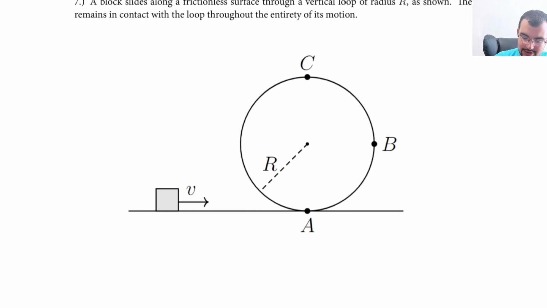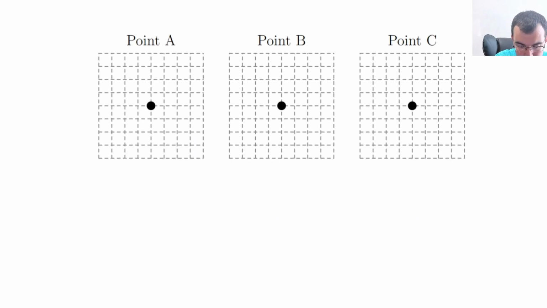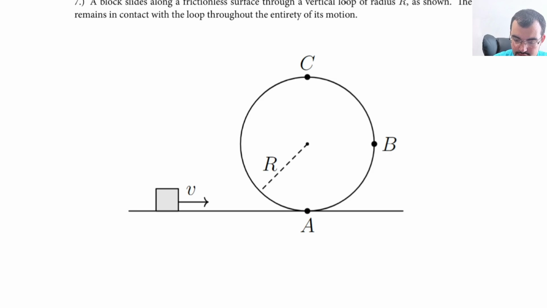All right, so just diagramming this out. We know for sure the block is going to have weight mg directed downward at each of these points. Then the only other force we could have would be the normal force, because the only other thing we have is a surface.